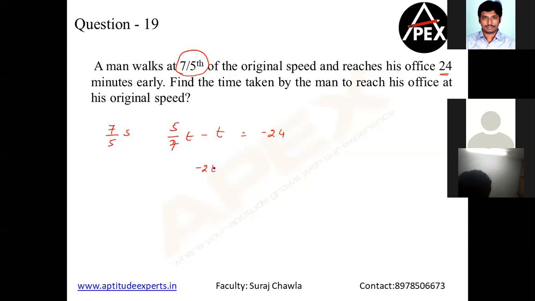You get minus 2t/7 is equal to minus 24. Or simply, just subtract numerator from denominator, you'll get your answer, guys. So minus and minus get cancelled. 2 ones are 2, 12 sevens are 84. Therefore, the value of t is 84 minutes. Clear? Moving forward, guys.